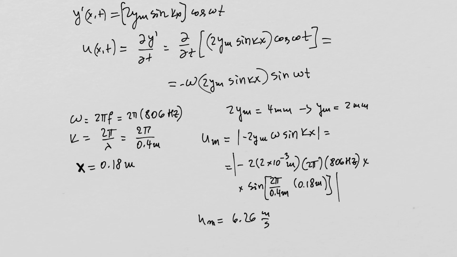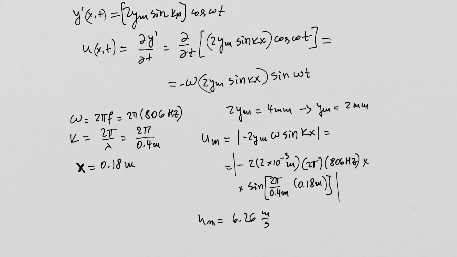The same applies here for the string as it oscillates. At the antinodes, the speed of oscillation at the very peak of the wave is 0, because at that particular instant of time the string is not moving up or down, it's stationary.